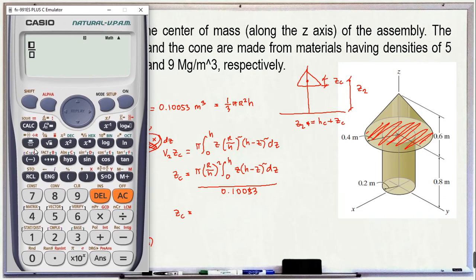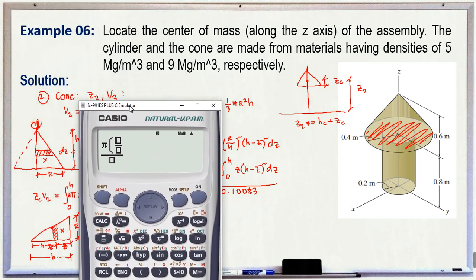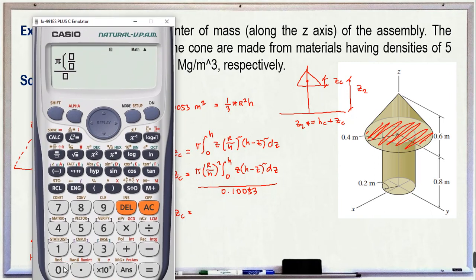So press AC, shift pi, then the given radius is in meters, that is 0.4.